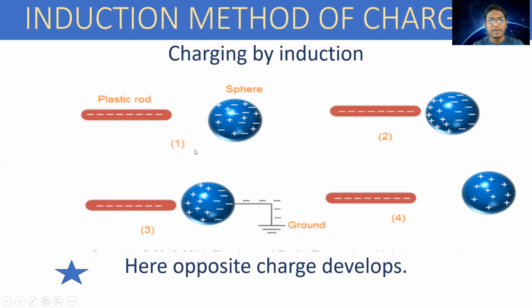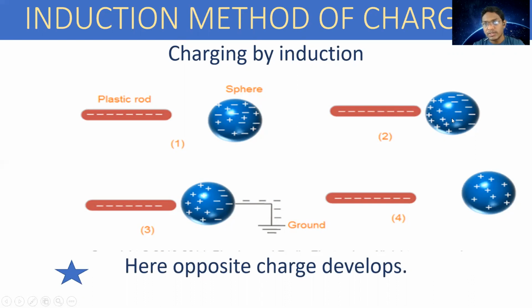In the first figure you can see that there is a plastic rod which is negatively charged, and we have got a sphere which we want to charge, which is initially neutral, with equal numbers of positive and negative charges. Now see in figure 2, we have brought this rod near the sphere. When we did this, what happened?